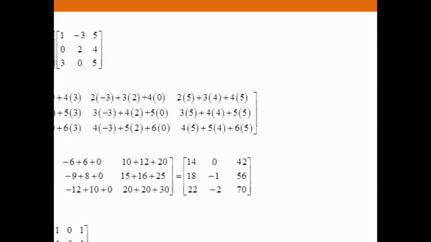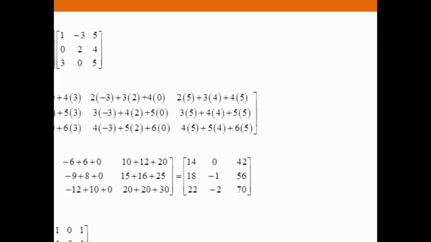Similarly, first row multiplies with the second column: 2 into minus 3 plus 3 into 2 plus 4 into 0. Again I am telling you, first row multiplied with second column gives the first row, second element.